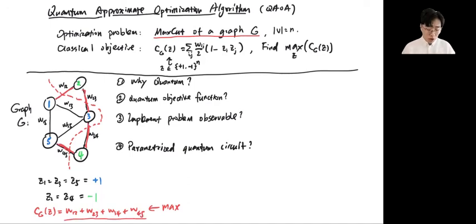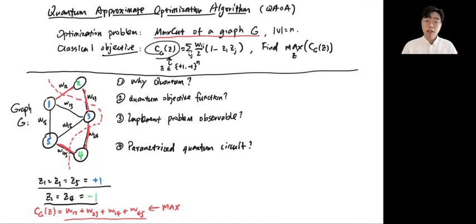And the way to solve this problem is to find a good partition for the vertices. For example, we can assign a variable z for each of the vertices. For vertices 1, 3, and 5, we assign +1 for the variable, and for vertices 2 and 4, we assign -1. Mathematically, the objective can be written as a function of the assignment z for each vertex.